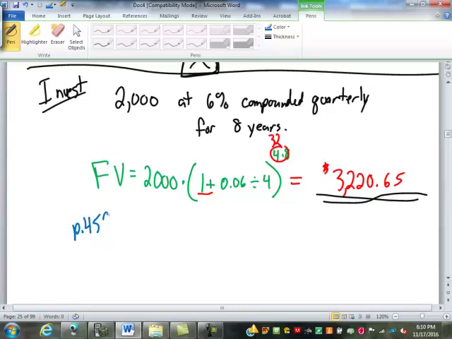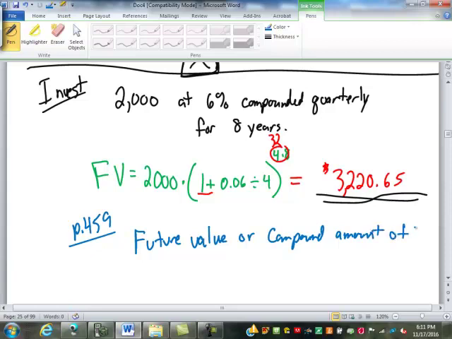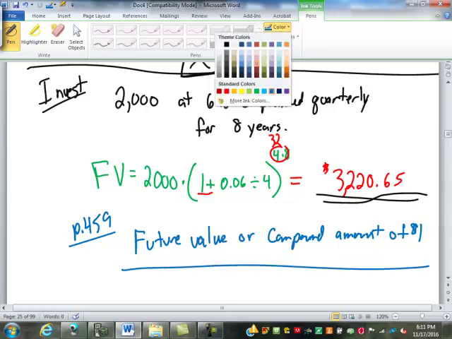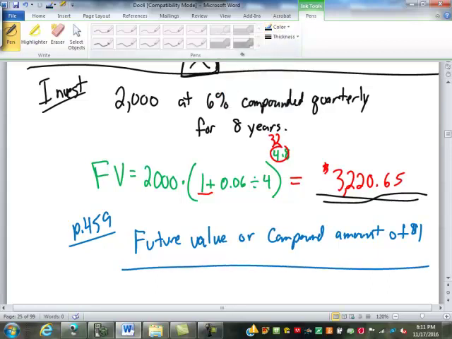So page 459 in your textbook. It is called the future value or compound amount of $1. Is it 463? In the old book, it might be 463.